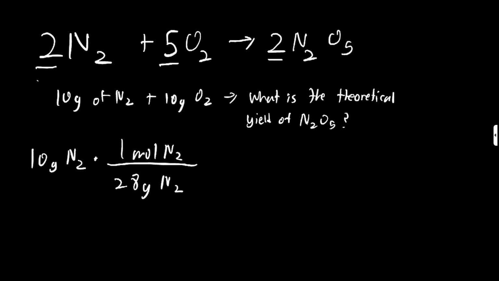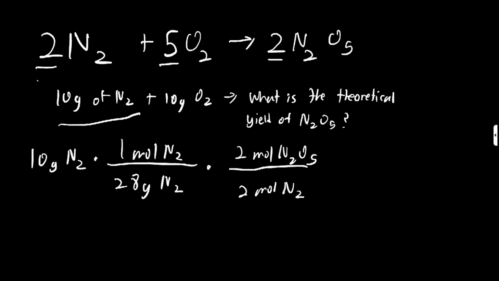You can find that from the periodic table. Now we're going to use stoichiometry to convert moles of N2, well actually it's going to be 2 moles of N2 to 2 moles of N2O5, because remember, we're trying to go from N2 to N2O5 and figure out how many grams that's going to make.